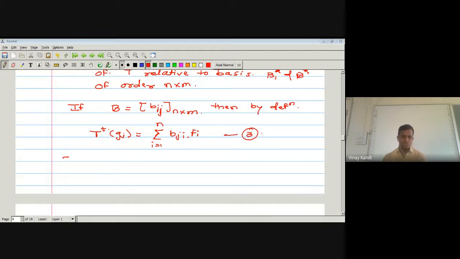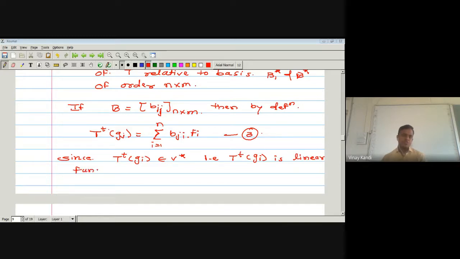Now since T transpose of Gi is an element of V star, that is, T transpose of Gi is a linear functional. Is it correct?